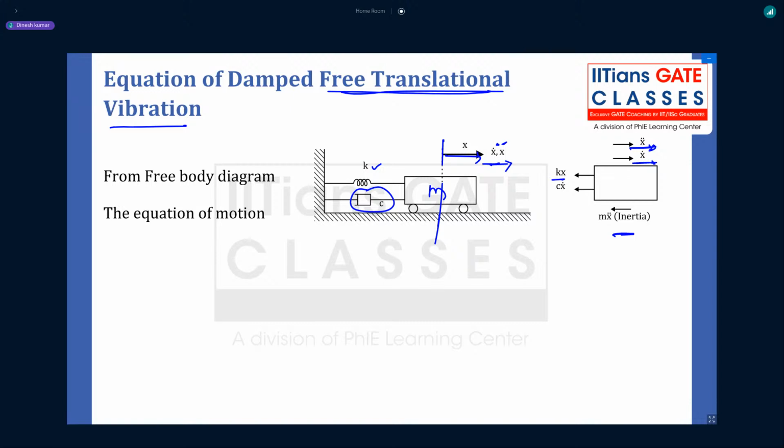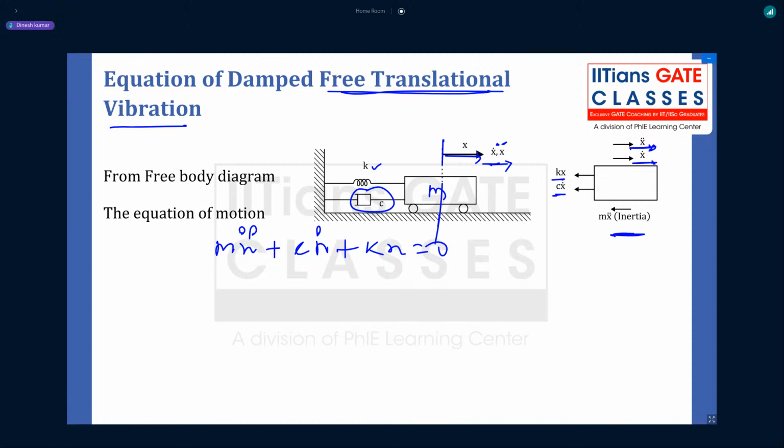Due to damping there is a damping force which opposes the motion, and at the same time inertia will also oppose the motion. So there are three forces, all in the opposite direction of motion. So what will be the equation of motion from this free body diagram? m x double dot plus c x dot plus k x equal to 0. So this is the equation of motion.